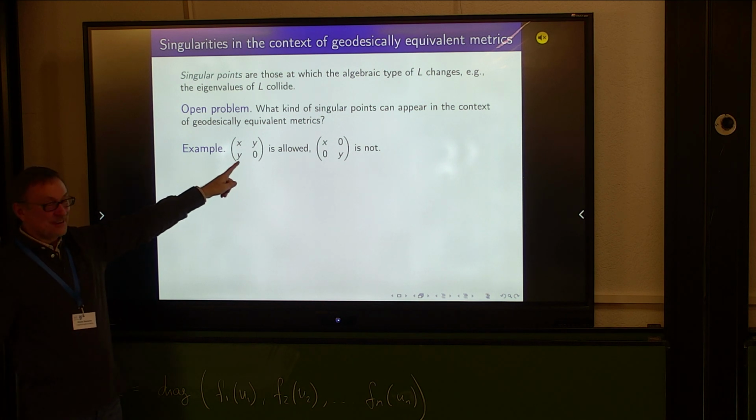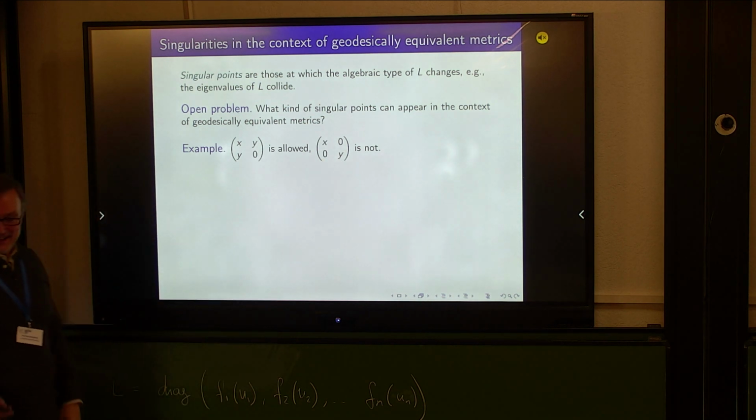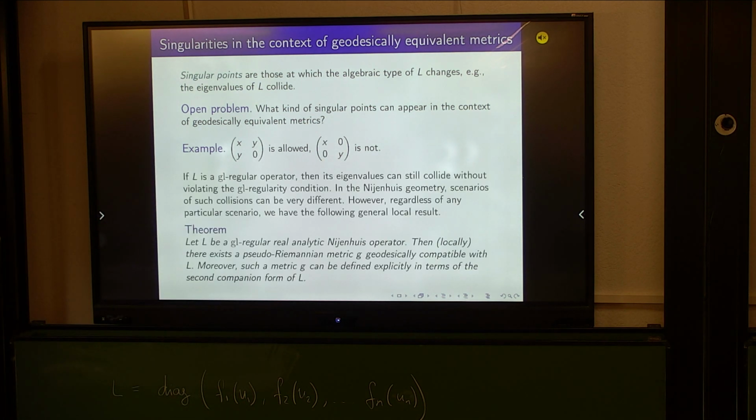This operator is allowed in this context. It's a good singularity. This is a bad singularity. So now the first result concerns GL regular operators. As I said, GL regularity doesn't prevent collisions of singular points. So they may collide in a very complicated way. The first theorem says that all collisions are allowed.